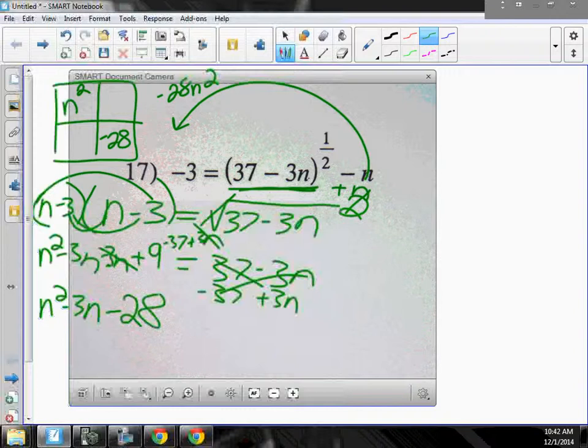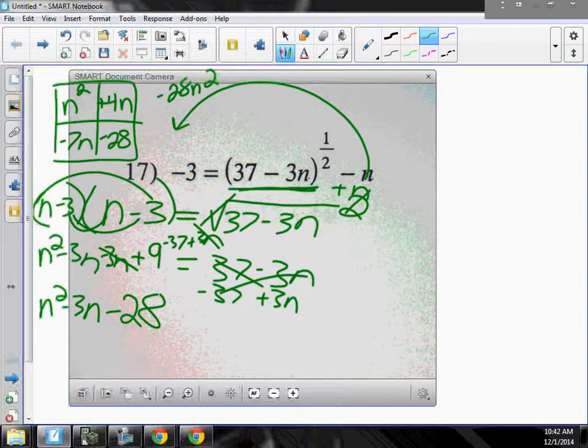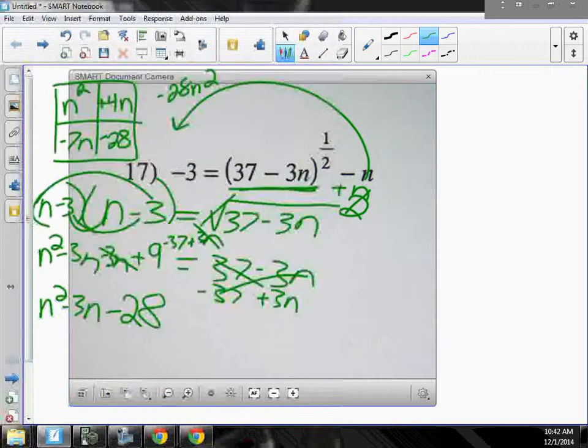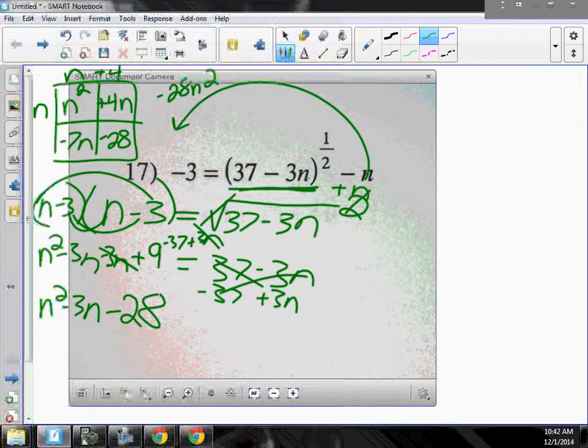No. 2 and 14. 2 and 14 will create a 3? No. 3 does not go into 28. 4 and 7. Yes. So it's plus 4n and minus 7n. So my factors would be n and n. This would be plus 4, and this would be minus 7.